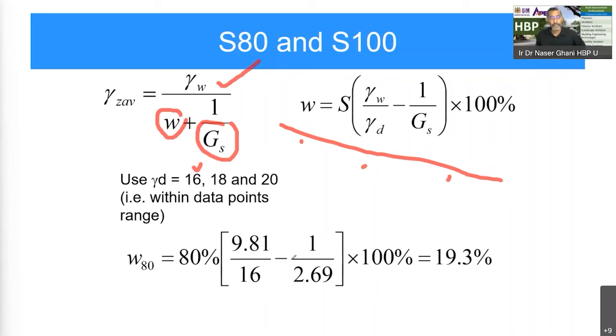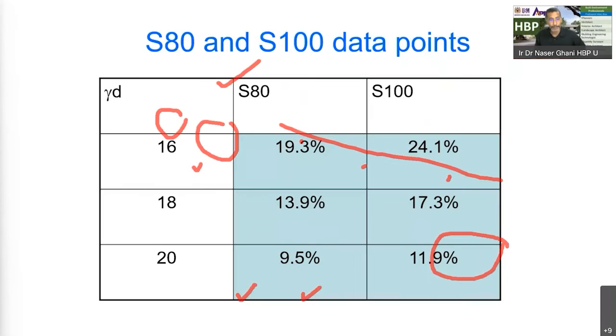For 80%, we will multiply by 80%. Same thing here. 9.81 is the unit weight of water. You can use 16, and then this is what they call specific gravity. So the point is at 19.3%. So if we do this for the 80% and 100% fully saturated, we will get this table.